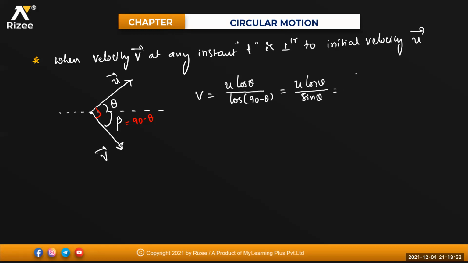Cos by sin is cot theta. Very important: when velocity v bar at any instant is perpendicular to the initial velocity u bar, then v will be equal to u cot theta.